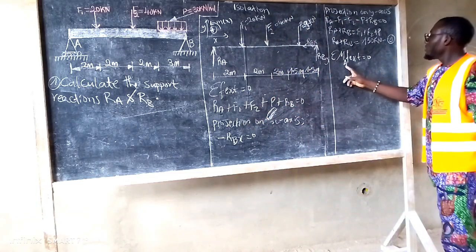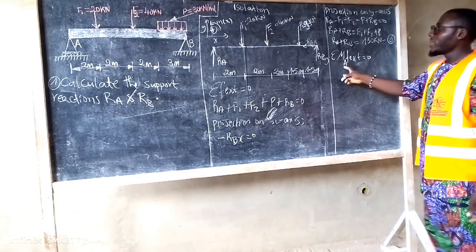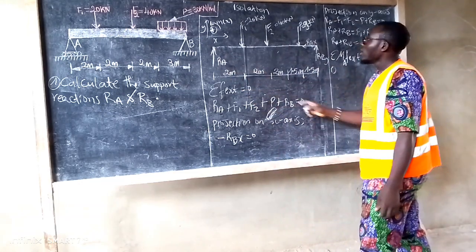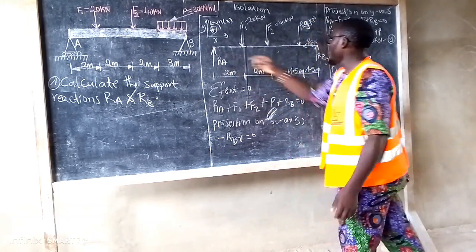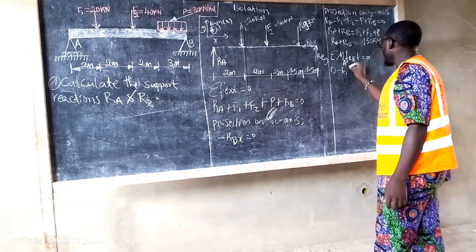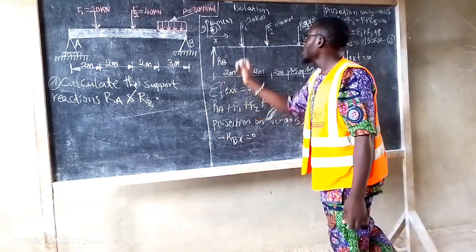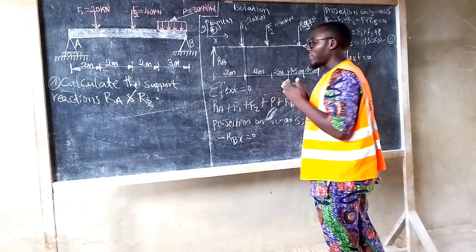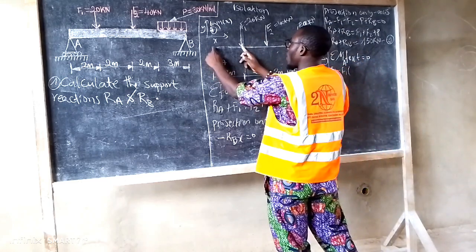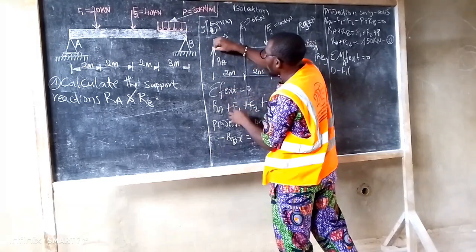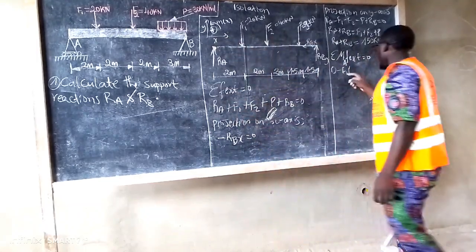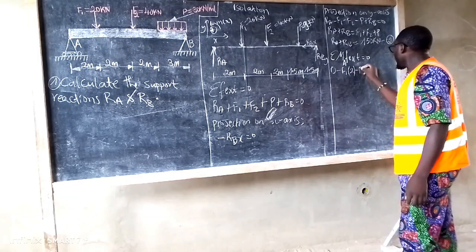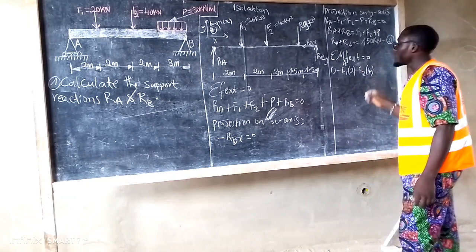So I have chosen point A to be my center of moment. So the moment of arrow A about point A is 0. The moment of F1 about point A is negative F1 into the perpendicular distance. F1 is the force. And now we need to look for the perpendicular distance from F1 to our center of moment. This is our center of moment. So we are going to have F1 into 2. Same for F2, we are going to have negative F2 into 4.